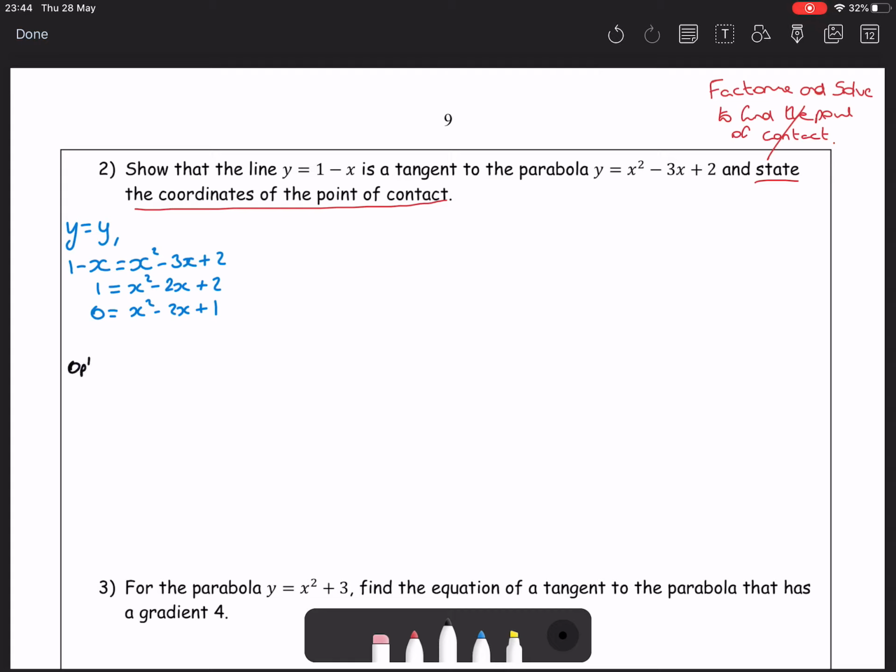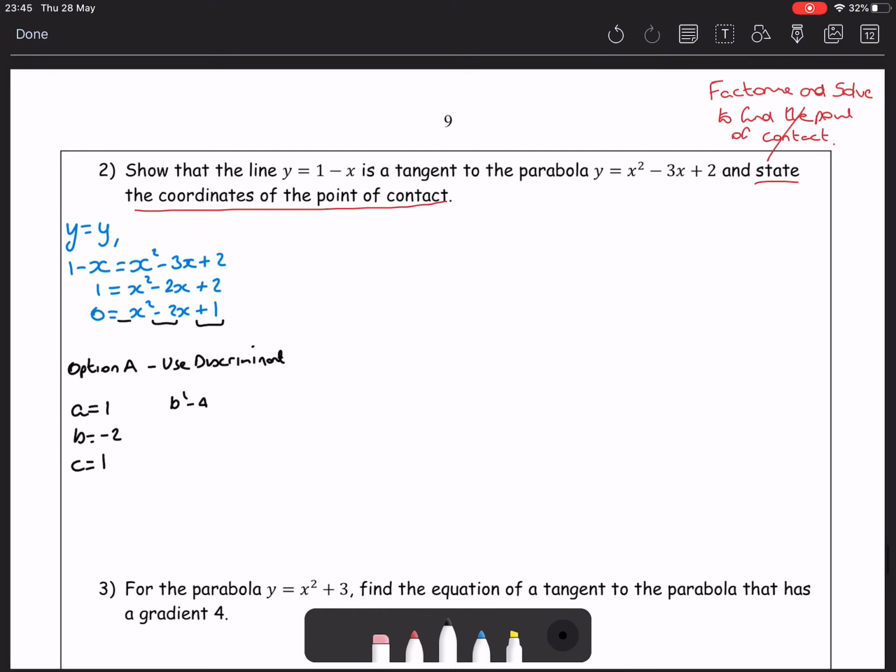So option A is use discriminant. Exactly what I did in the previous one, I'm going to take the value of the x squared out as 1, b is minus 2, c is 1, b squared minus 4ac.